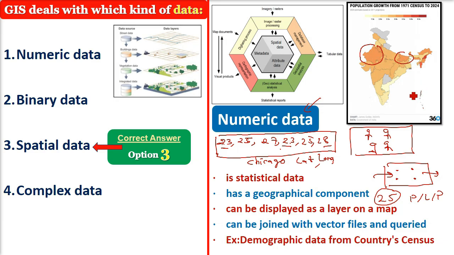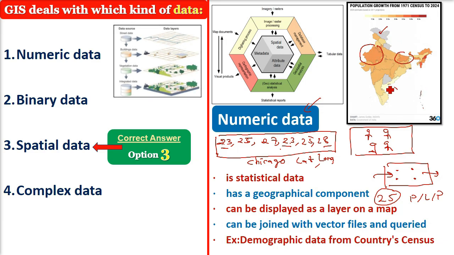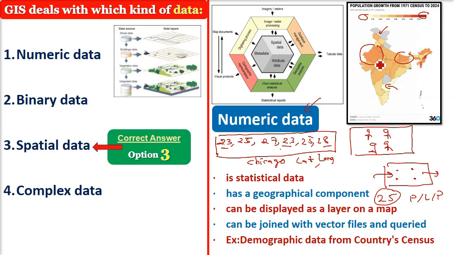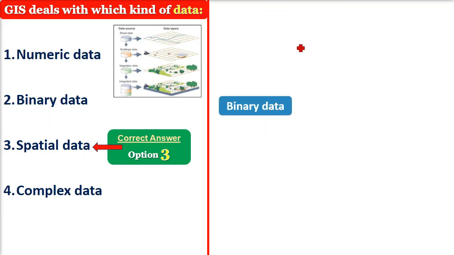All this area which I just bounded has a lot of population now, and in these areas the population has not grown that much. So there is control of population growth. This is how demographic data from any country's census can be shown on a map, and with just a color combination you know which area has more population.